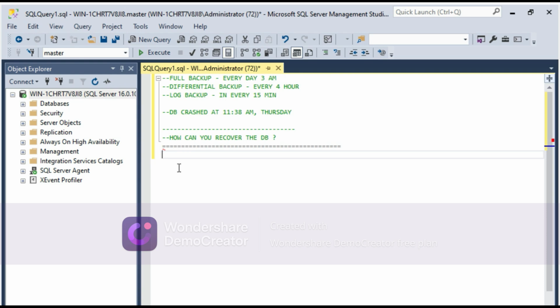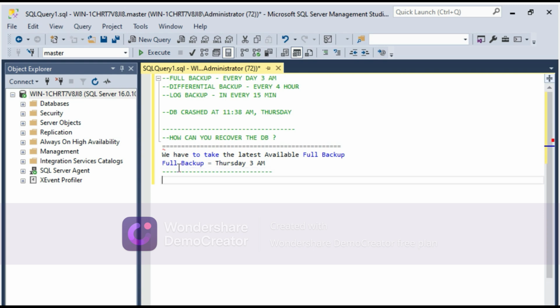So we have to take the latest available full backup, which is the Thursday 3 a.m. full backup.